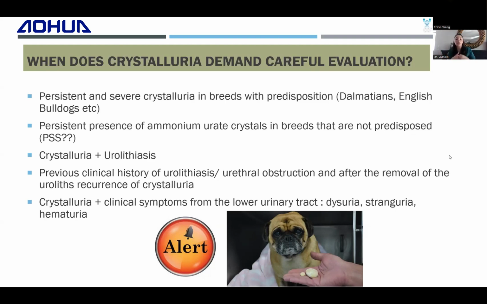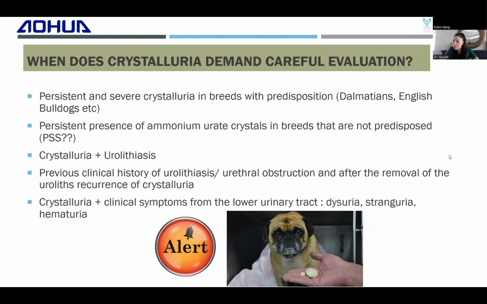The pH, maybe the specific gravity, and you have to intervene with medical treatment there in order to avoid forming further uroliths.